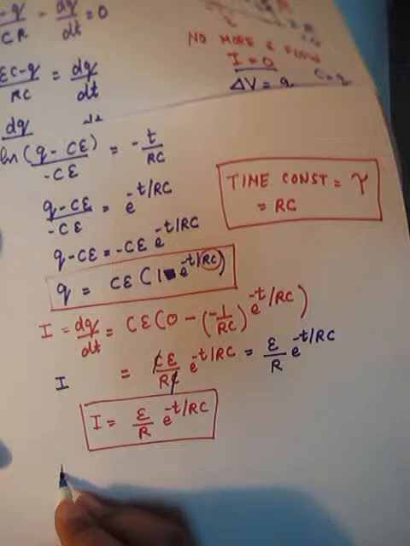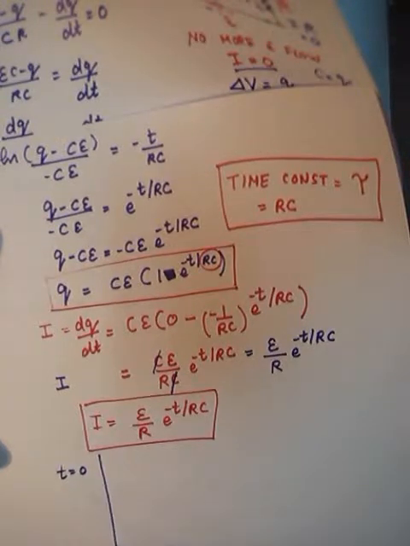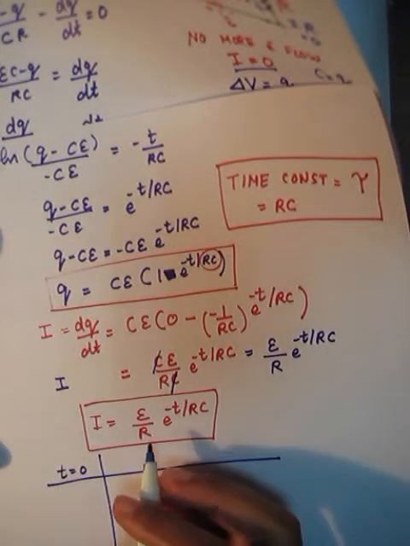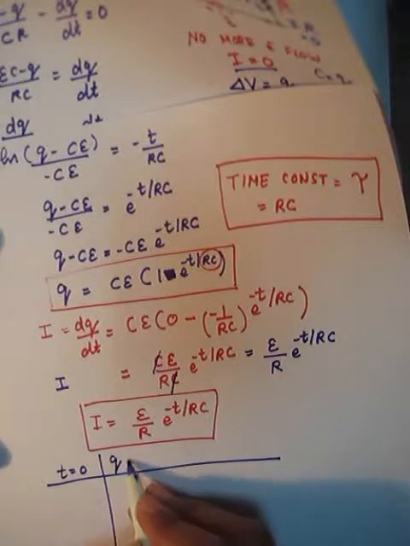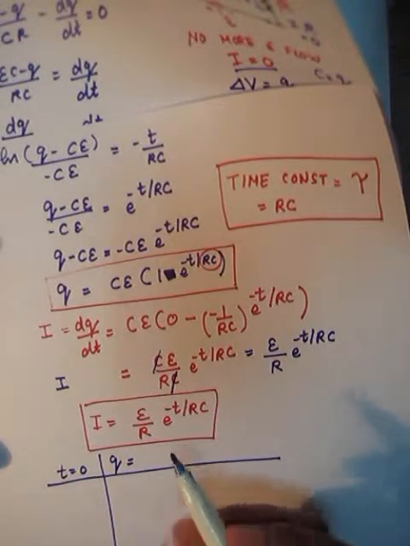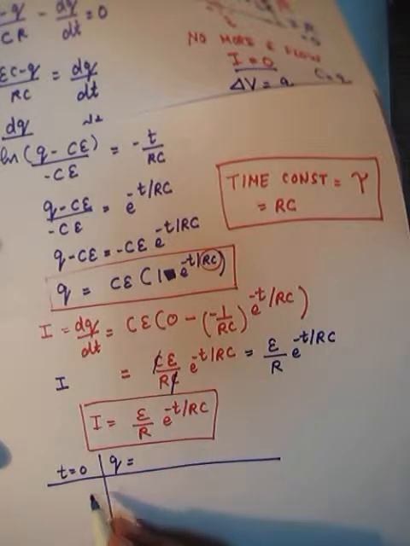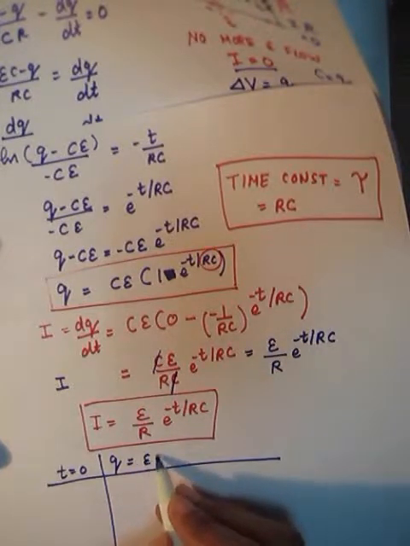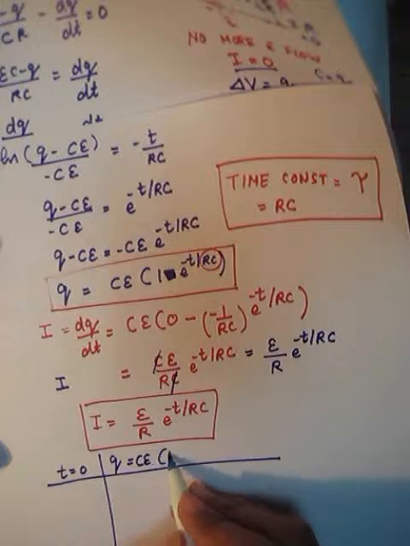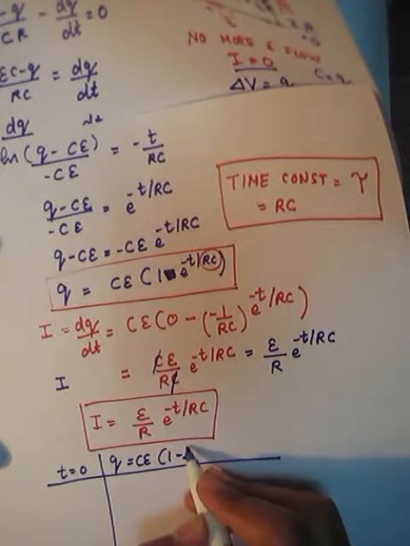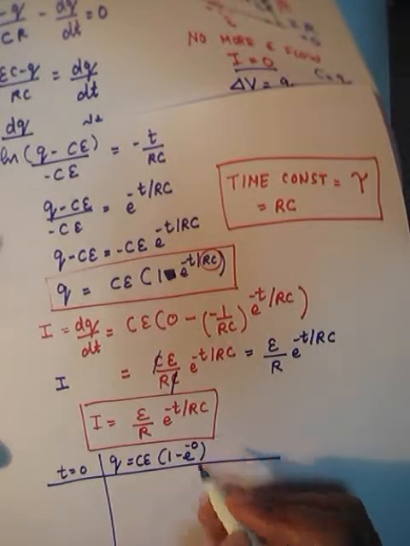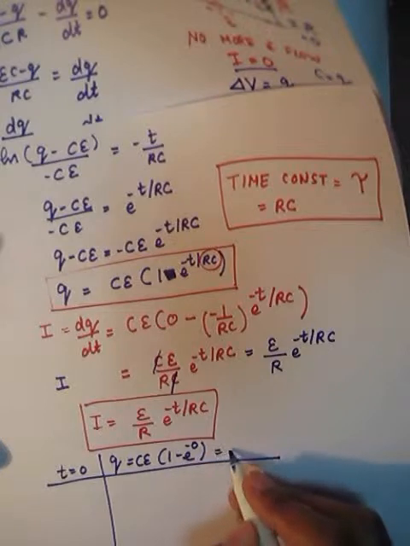In order to solve it, we just need to see what will happen at various values of time. So let's say if time is 0, what will be the value of charge? Charge will be C epsilon times (1 minus exponential minus 0 upon RC), so it will be 0.